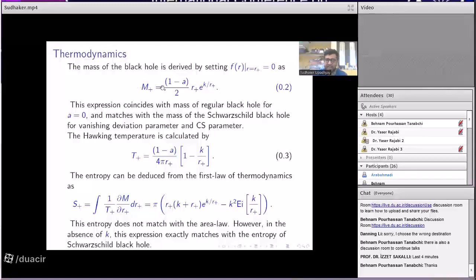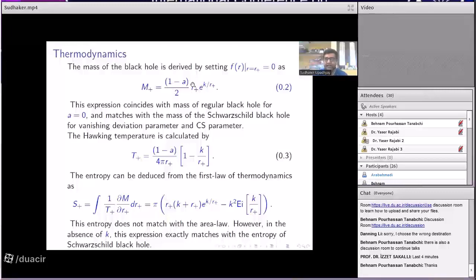Here if you take the limit of vanishing a, the regular black hole solution reduces to the Schwarzschild solution. So this is more general than the Schwarzschild solution due to the nonlinearity and the cloud of strings.